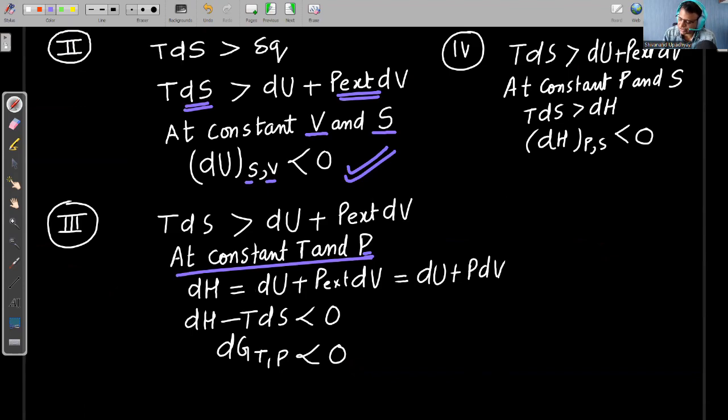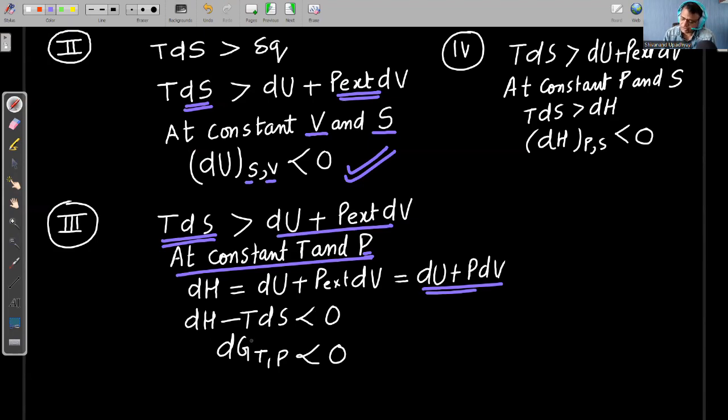So here, in place of P external, I can write the pressure of the system, and dU plus P dV, when pressure is constant, is dH, since H is equal to U plus PV. So in this equation, I am putting the value: this is TdS, so dH minus TdS should be less than 0.